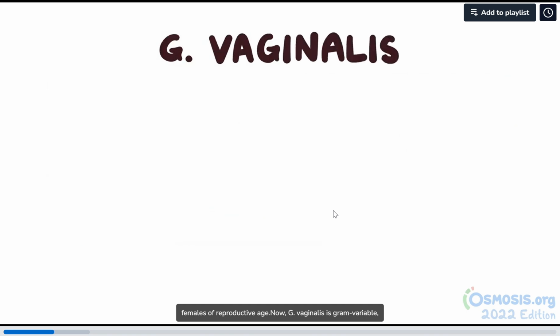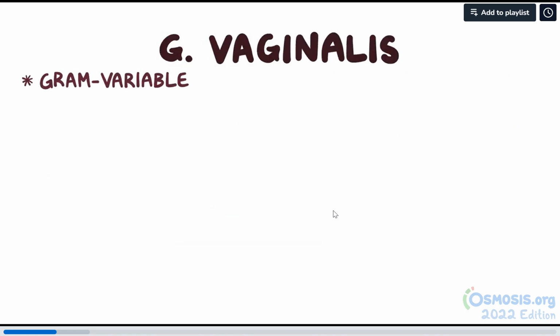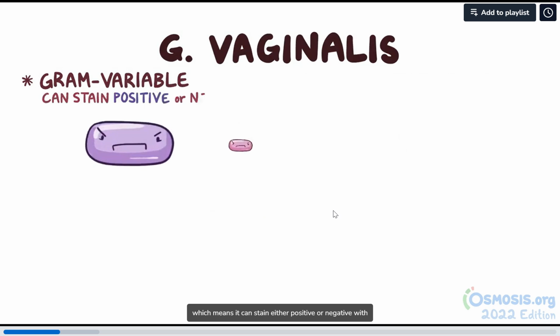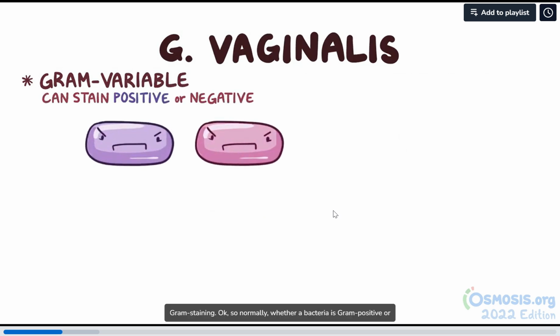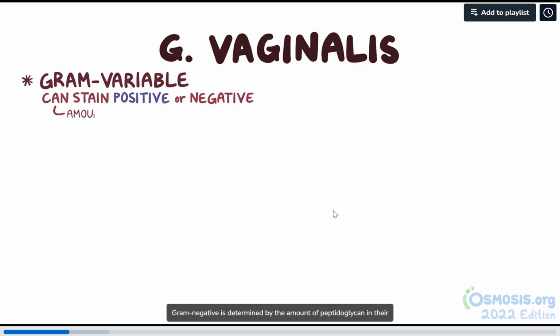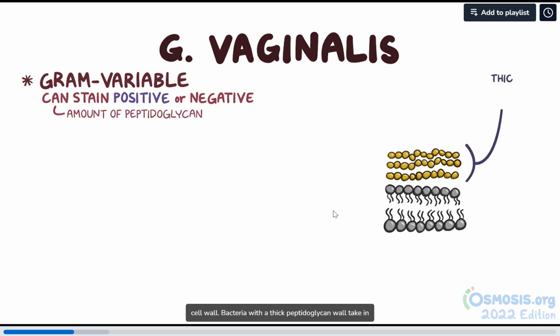Now, G. vaginalis is gram variable, which means it can stain either positive or negative with gram staining. Okay, so normally, whether a bacteria is gram positive or gram negative is determined by the amount of peptidoglycan in their cell wall. Bacteria with a thick peptidoglycan wall take in the purple dye used during gram staining, so they're gram positive.